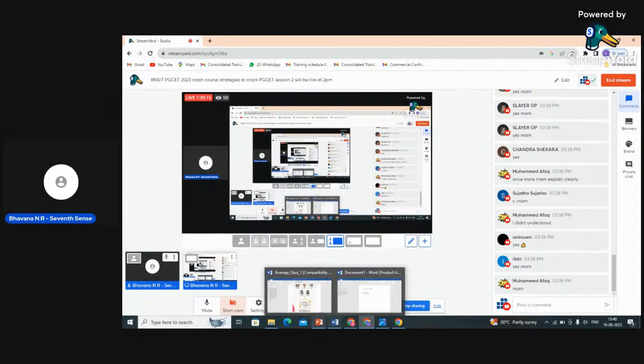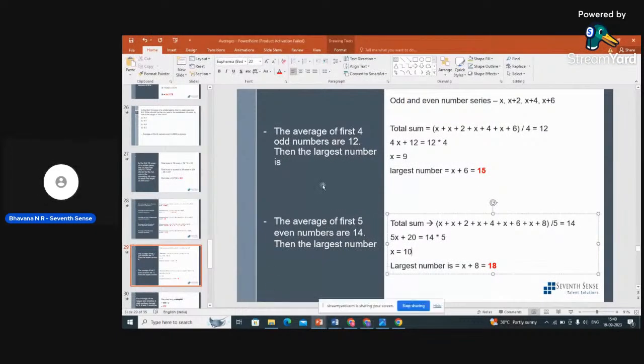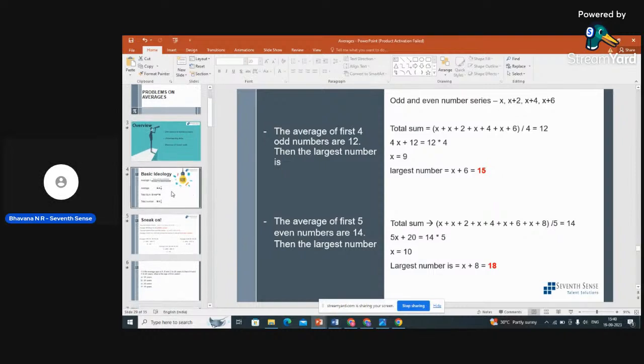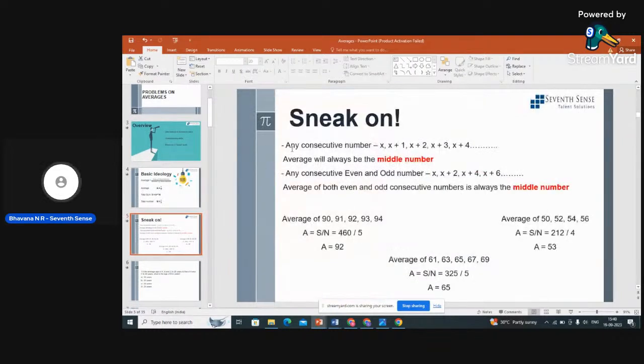Yes, what's the doubt in that? Just see this question. Any consecutive number means x plus 1, x plus 2, x plus 3 and x plus 4.